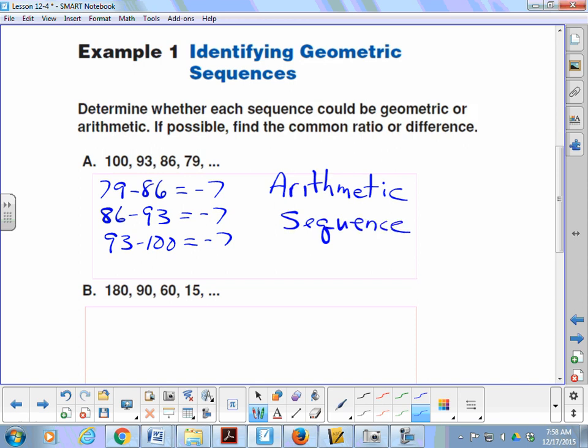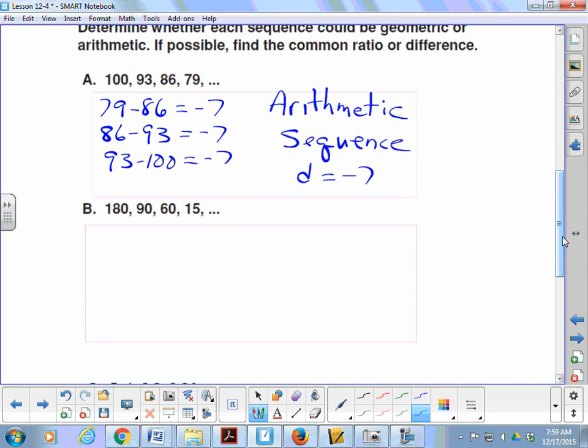We found a common difference of d equals negative 7. But the first thing I'm always going to do is look for an arithmetic sequence first.